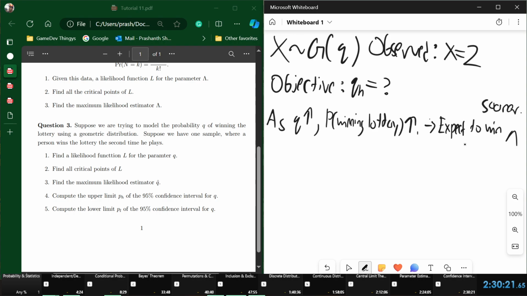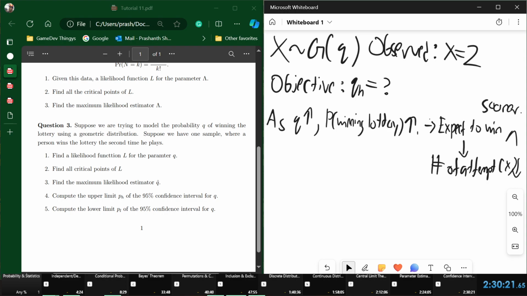And because you expect to win sooner, the value of the number of attempts, which is x, should decrease. Because if your probability of success was so high, you would win pretty fast. It wouldn't make sense to have x be 100 if the probability of winning was like 0.9999999. You would win super quickly.